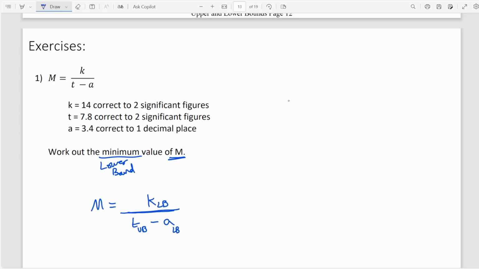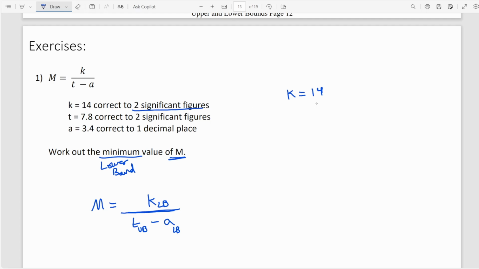So we have firstly K equal to 14, correct to two significant figures. So the two significant figures, firstly, this is the first one, this is the second one, this is 1, divided by 2, 0.5. So K lower bound will be 13.5, okay? T is equal to 7.8.